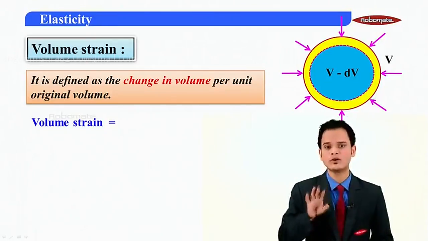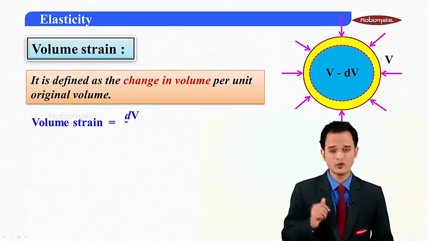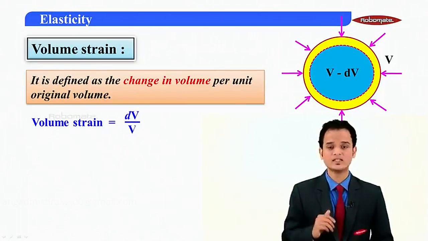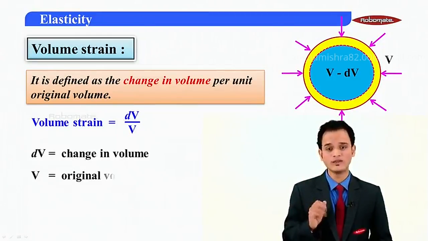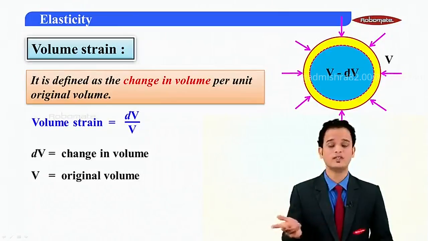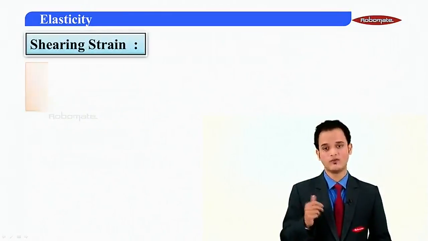Change in dimension per unit original dimension, same concept students. The volume strain is dV, the change in volume, upon the original volume capital V. This students is going to be the formula for volume strain.